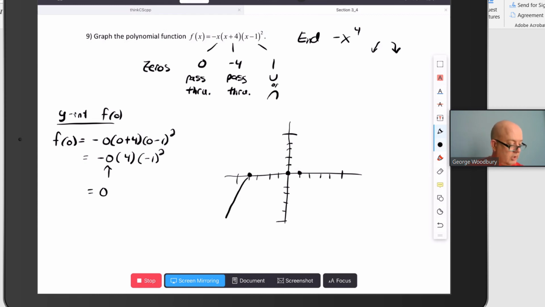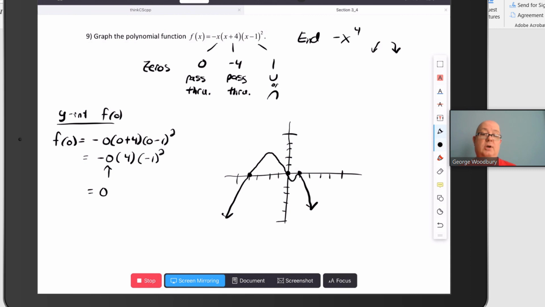So this one's going to go like this, and this. At x equals 1, it's supposed to turn around. So it's not going to go up and through 1. It means it's going to turn around at that point and still has to come back up to the next root. Now 0 is a pass-through, just like -4 was, so the rest of the graph is going to look something like this.